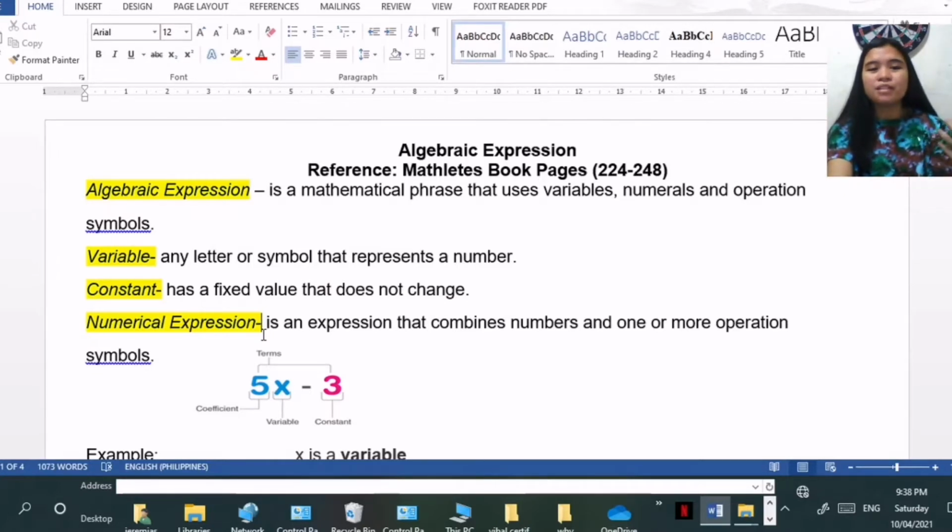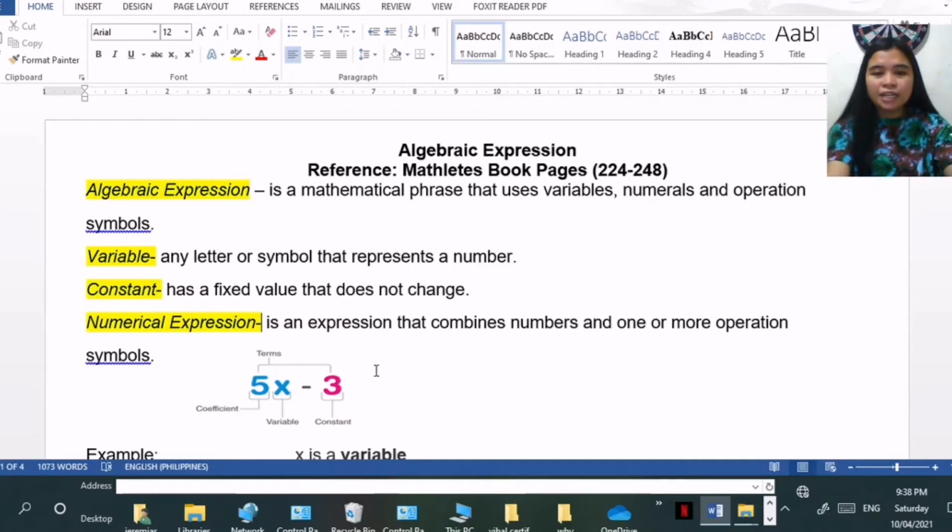A numerical expression is an expression that combines numbers and one or more operation symbols. For example, 3 plus 2, because it has numbers and an operation, which is plus or addition. That is a numerical expression. It is different from algebraic expression and algebraic equation. Later I will explain the difference between an expression and an equation.